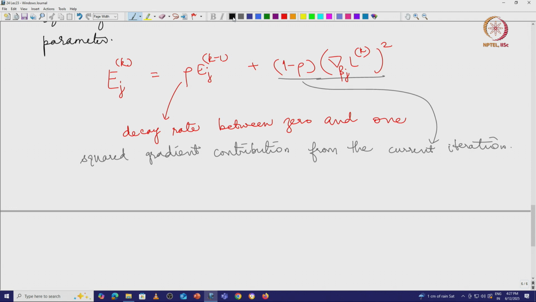It reads as beta j k plus 1. So, the jth parameter at the k plus 1th iteration is the jth parameter at the kth iteration minus the learning rate times the gradient of the loss function versus the parameter at the kth iteration, scaled by the exponentially accumulated squared gradient.